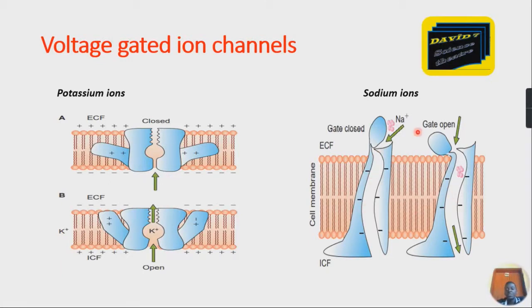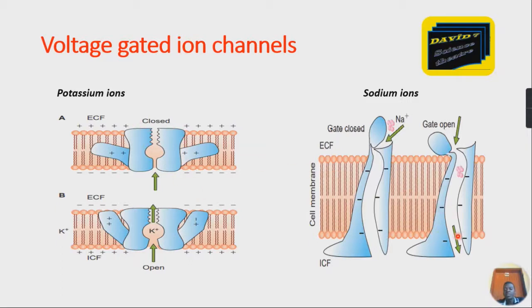You can see it is strongly negatively charged, while the potassium channel is not negatively charged. The sodium channel is strongly negatively charged, as you can see, when it is voltage gated. This one is also a voltage-gated ion channel, the potassium channel.